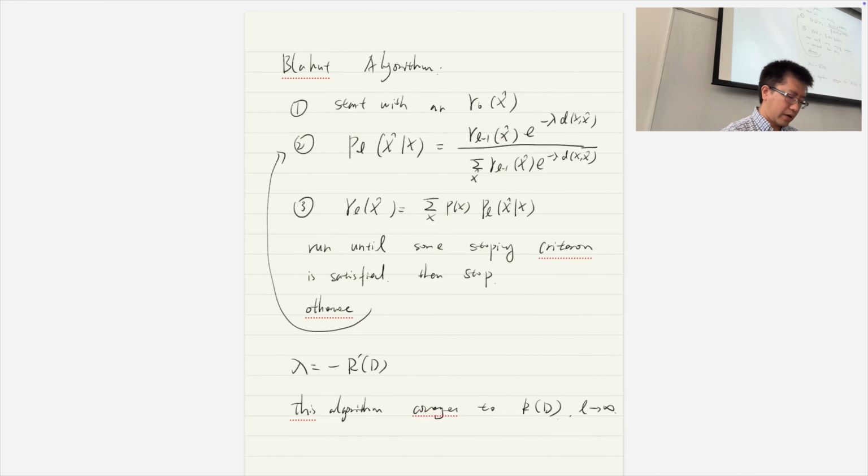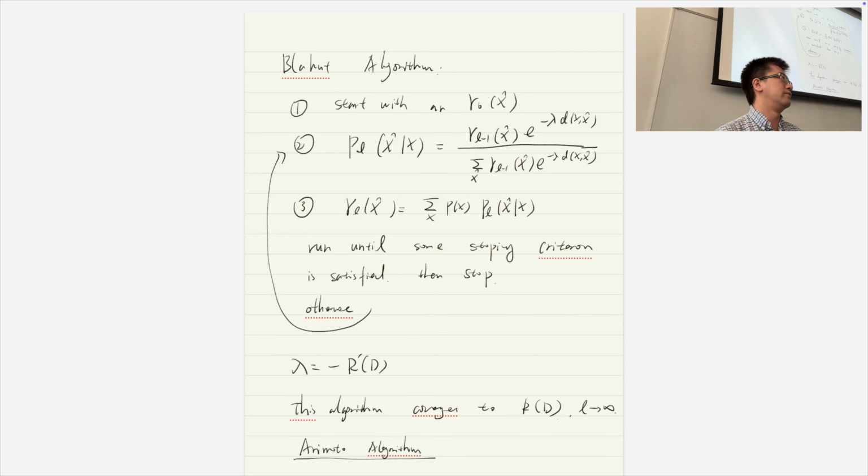For the Arimoto algorithm, I will not talk about that. You can take a look at the book. The idea is exactly the same; we just work on a different formula. And there are a few other forms of the Blahut algorithm.